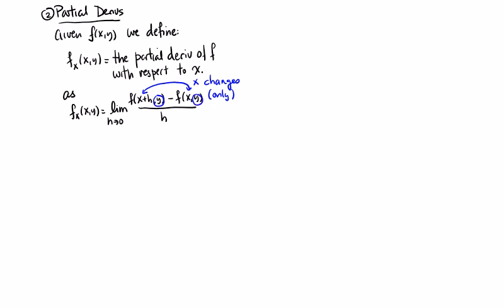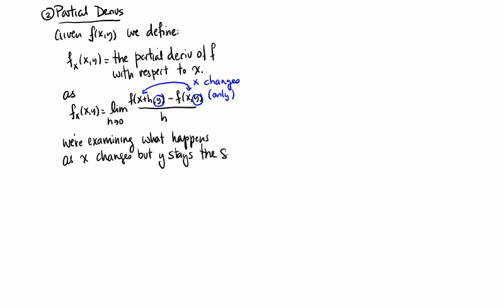Those are the same, right? So what we're essentially saying here is we're examining what happens as x changes but y doesn't. So we're examining what happens as x changes but y stays the same.